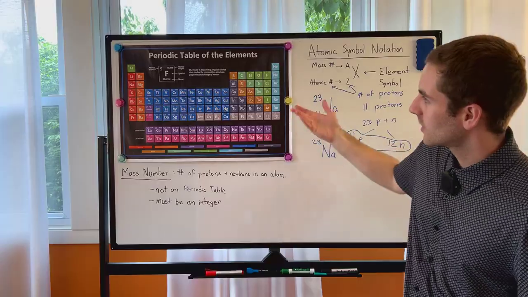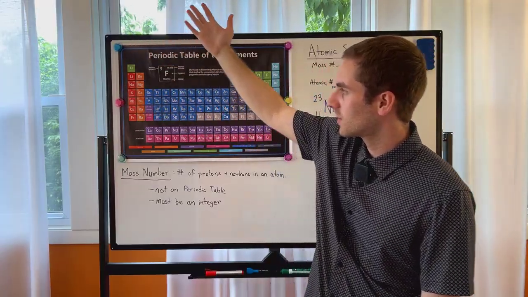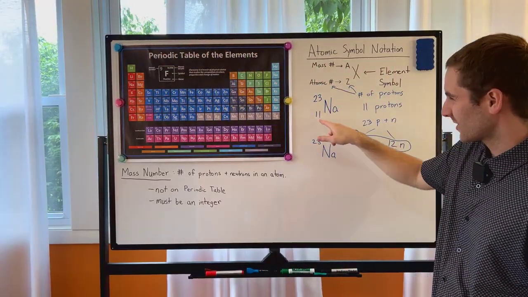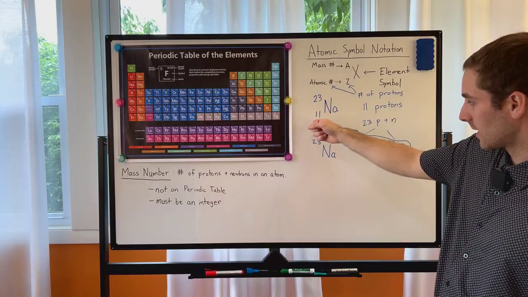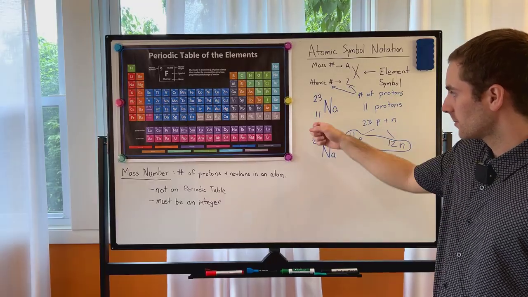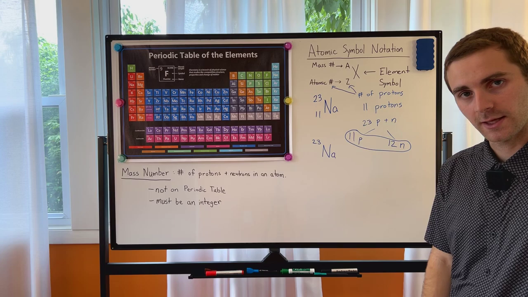So if we know it's sodium and we look at the periodic table, we know the atomic number is 11. So we don't really have to include that information. There's nothing wrong with writing 11 there, but it's not really necessary. So we could just write it like that.